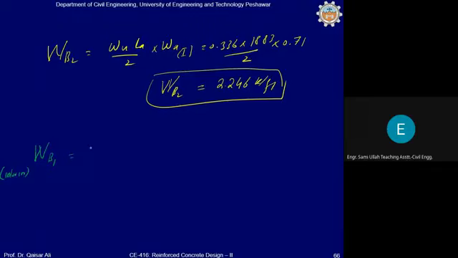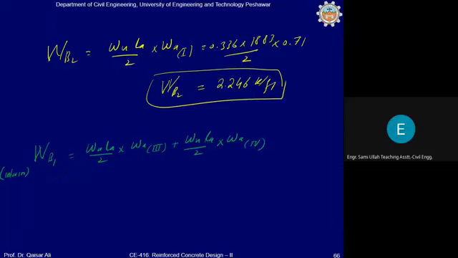This will be equal to WU LA by 2 multiplied by WA from panel 3 plus WU LA by 2 multiplied by WA from panel 4.